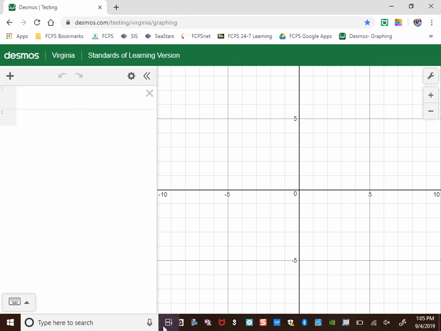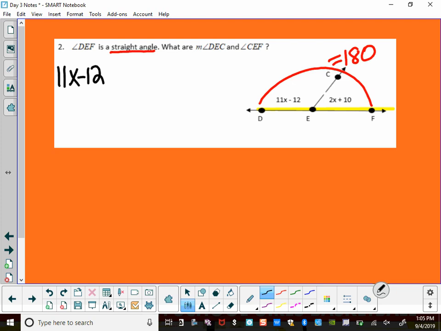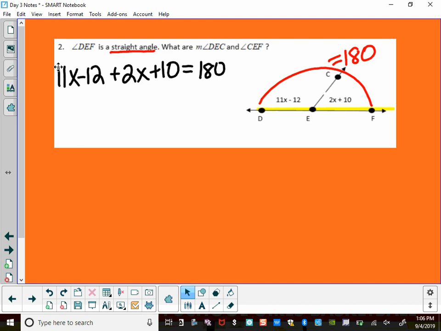So we look back here for a second. I have my first angle is 11x minus 12. My second angle is 2x plus 10. They both are going to equal what? 180. I want you to type that right into your Desmos.